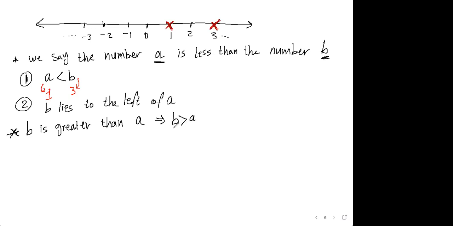B will be lying on the real line to the right of A. B lies to the right of A because B is greater than A.